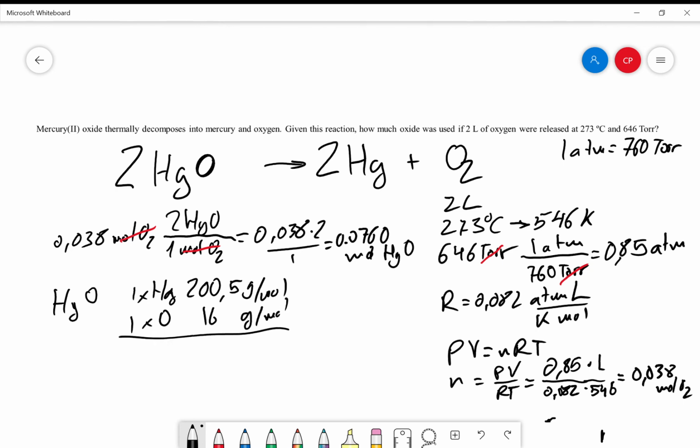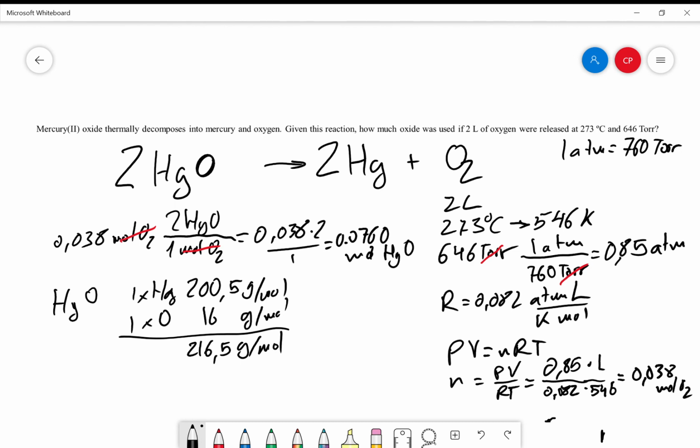Therefore, the molecular mass of mercury oxide will be 216.5 grams per mole.